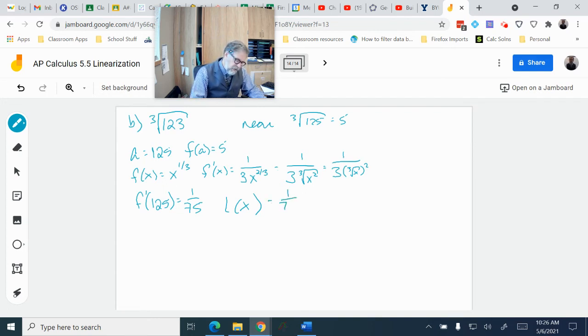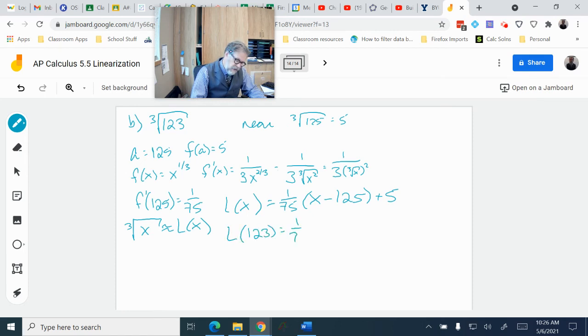So we get 1/75th (x minus 125) plus 5 is my linearization. And of course, the linearization means that the cube root of x is approximately L of x for values of x near 125. So let's find the cube root of 123.